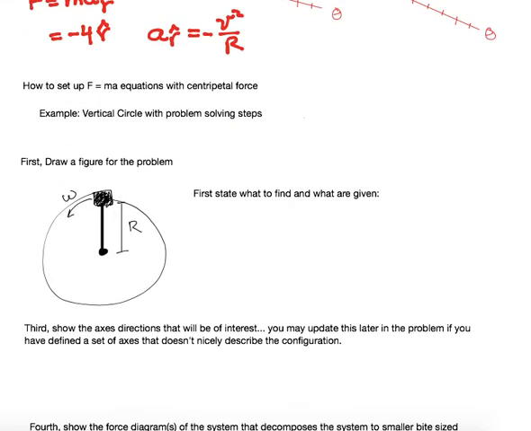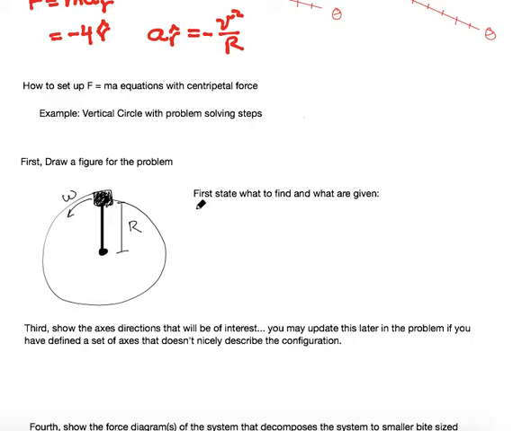So let's do some problems, starting with the vertical circle problem, which has problem solving steps also. First, draw a figure for the problem. Next, state what you want to find and what's given.